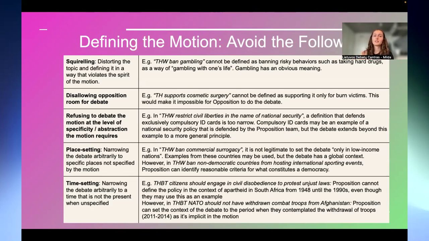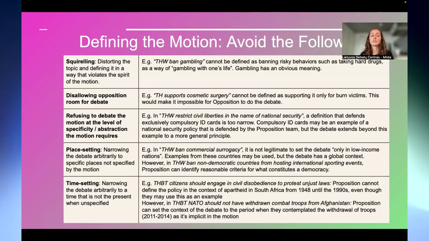But if the debate does specify a specific place, like this house would ban non-democratic countries from hosting international sporting events, of course, then you have the right to identify what constitutes a democracy for you and what countries, name a few examples, would be basically excluded from hosting international sporting events.